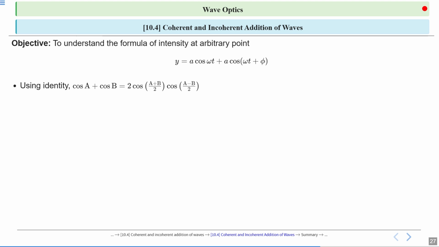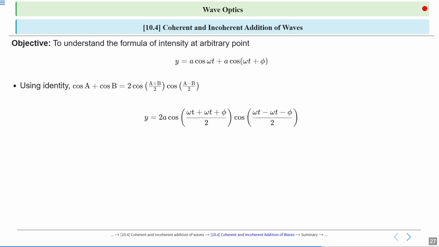Using the identity cos A plus cos B, which is 2 cos((A plus B) upon 2) cos((A minus B) upon 2), a will be taken common. So A here is omega t and B here is omega t plus phi.